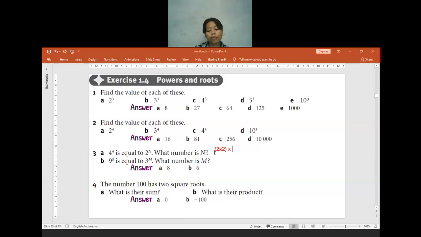So it will be 2 times 2 times 2 times 2, and then times again 2 times 2, and then the last one we multiply again with 2 times 2. Now we can calculate how many numbers of 2 there are. There are 8 numbers of 2. So 4 to the power of 4, I can make it as 2 to the power of 8.